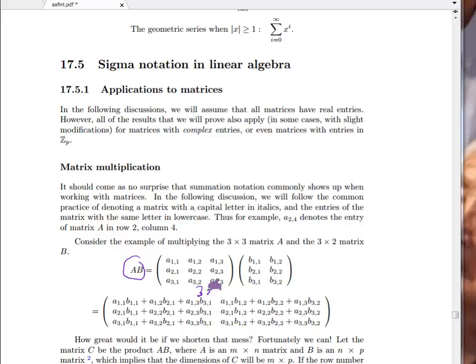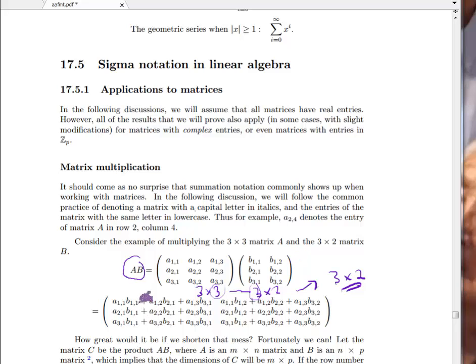These match, and the result is going to be a 3 by 2 matrix. You can do this in general for any two sized matrices that you're multiplying together.